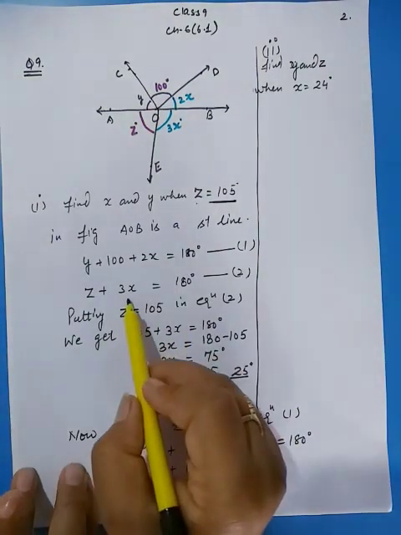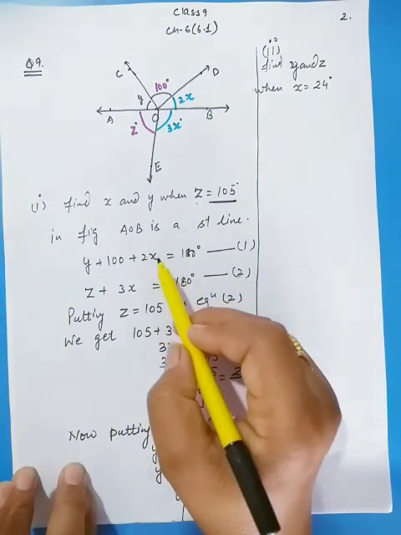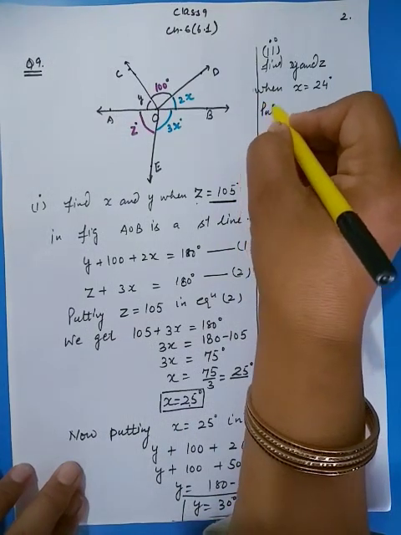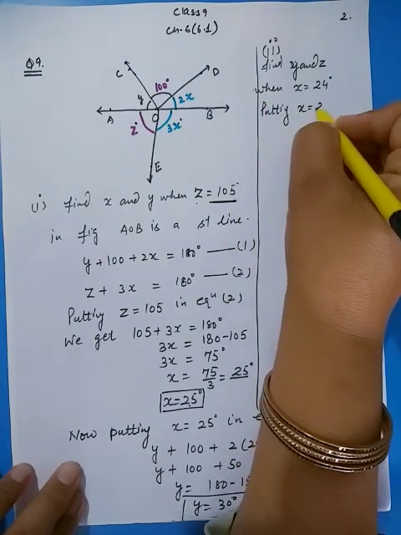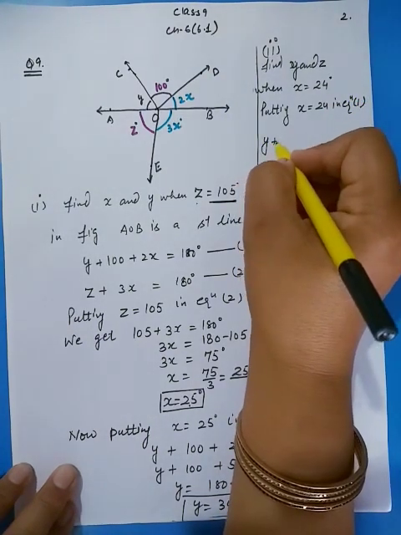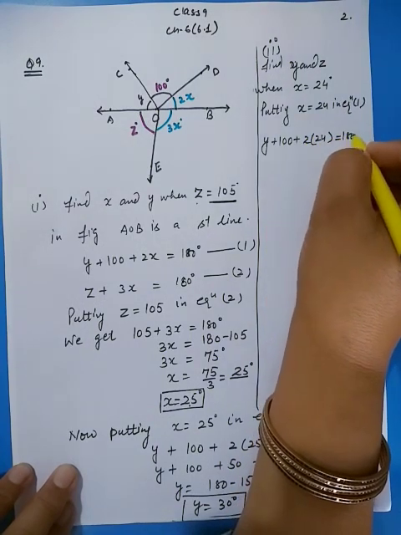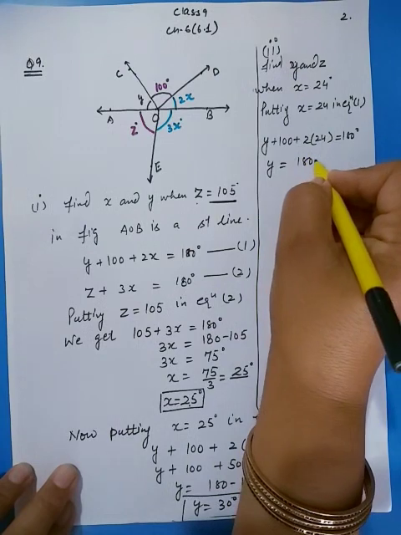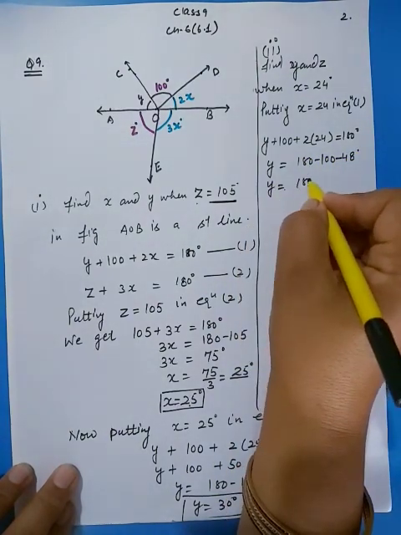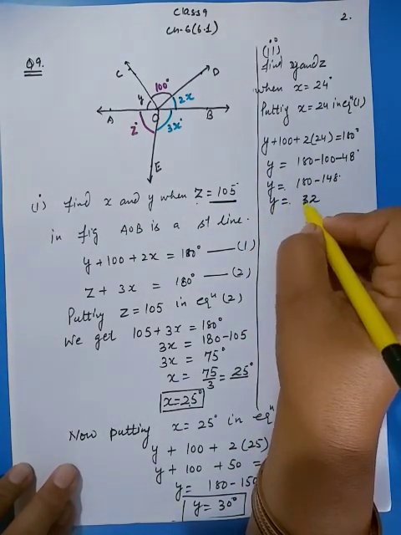So putting x is equal to 24 in equation 1, we can find the value of y, and putting x is equal to 24 in equation 2, we can find the value of z. First we put it in equation 1 and find the value of y. 180 minus 100 minus 48, so y will be 180 minus 148, and y will be 32 degrees.